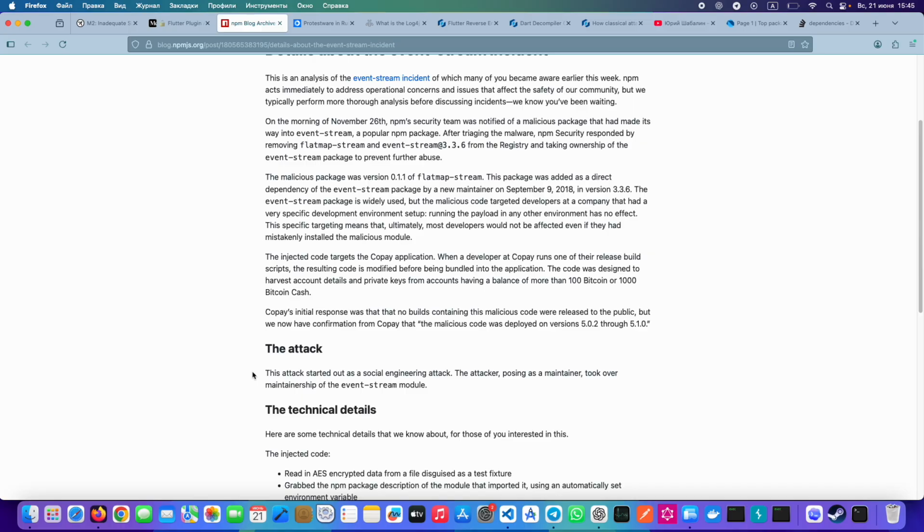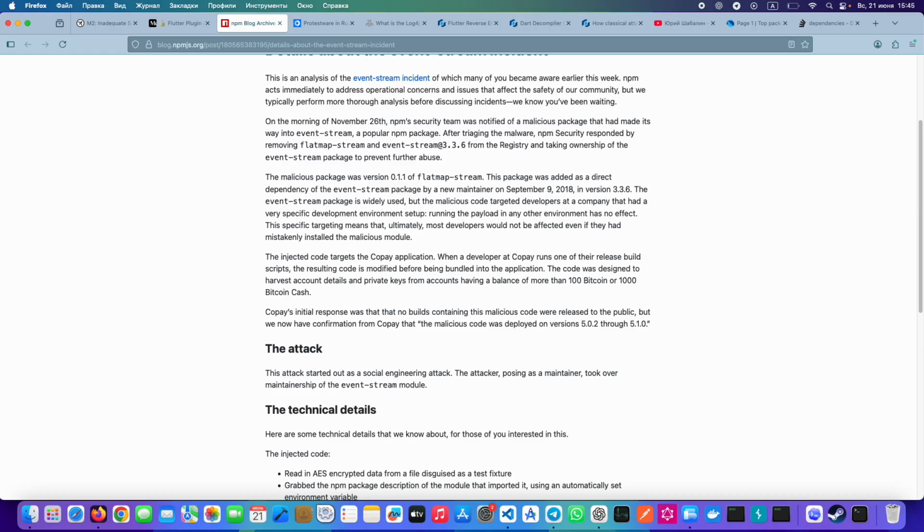If the person had any kind of Bitcoin Cash application, that malicious code opened itself, like a zip or something, and started to take all the secrets from there.